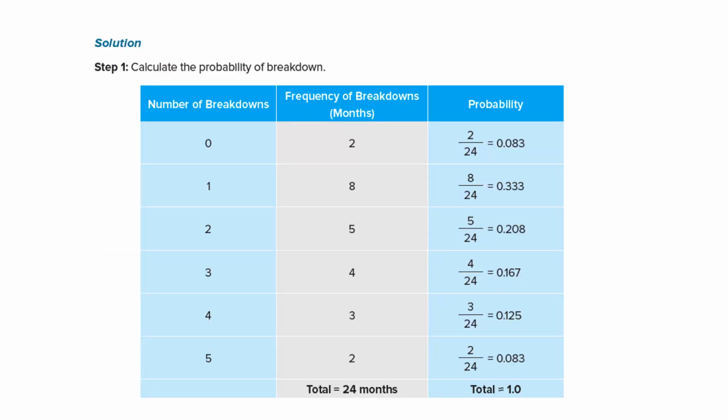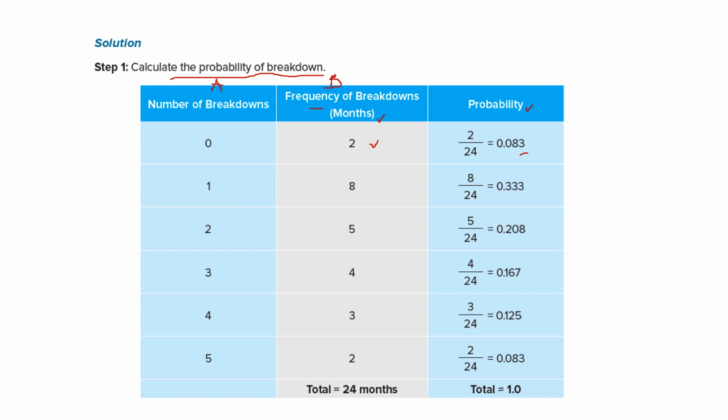Okay, the first step is to calculate the probability of breakdown. Okay, the probability is for us to convert the frequency in months, okay, this number, into decimal numbers. So what we have over here, column A and column B, they are from the questions, okay.